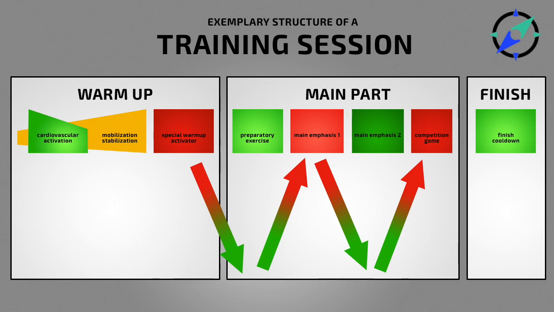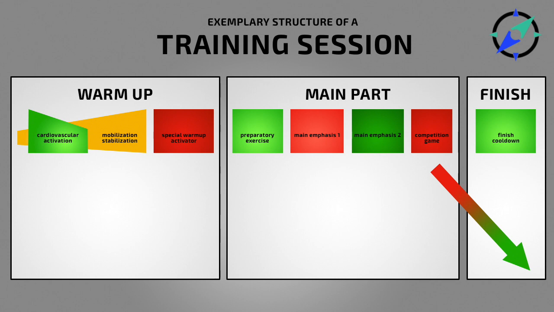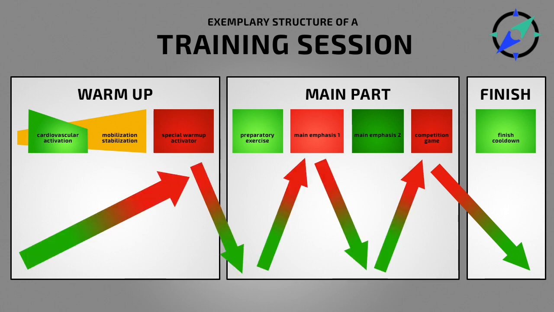And in the finish, the last part of the training, of course, the intensity is going down so that we can cool down properly. So as you probably noticed, we want to change intensity a lot of times over the training, especially in the main part, because that's the structure of the gameplay as well, where we have changing intensities all the time throughout the match.